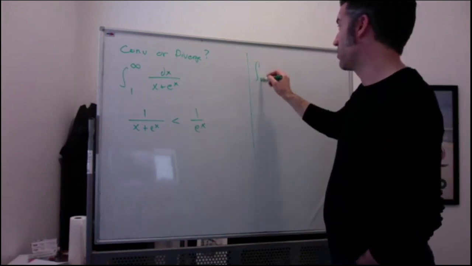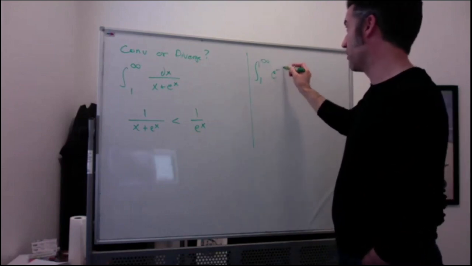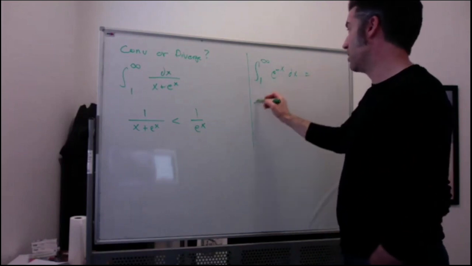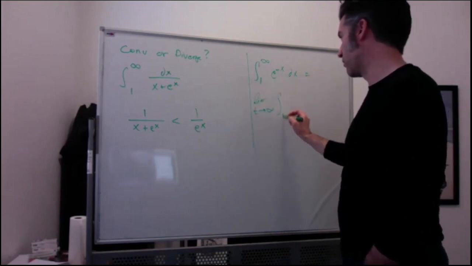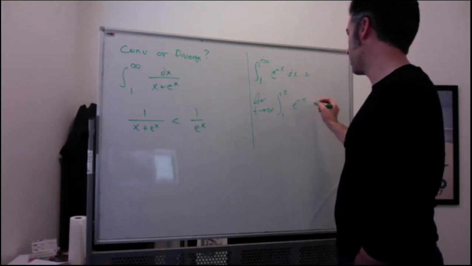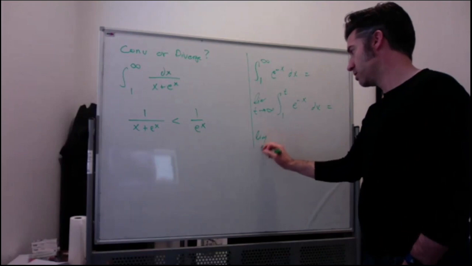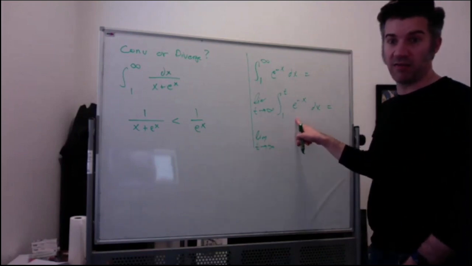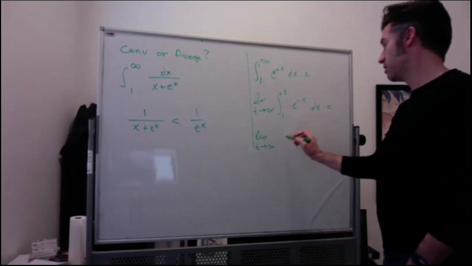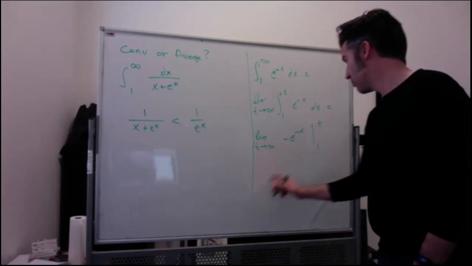Let's take a look at it. The integral from 1 to infinity of 1 over e to the x, or e to the negative x, is the limit as t goes to infinity of the integral from 1 to t of e to the negative x dx, which is equal to the limit as t goes to infinity. Integral of e to the negative x is e to the negative x divided by negative 1, or negative e to the negative x from 1 to t. Plug in the t.